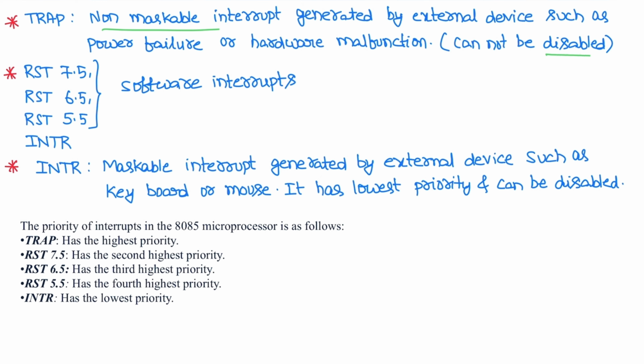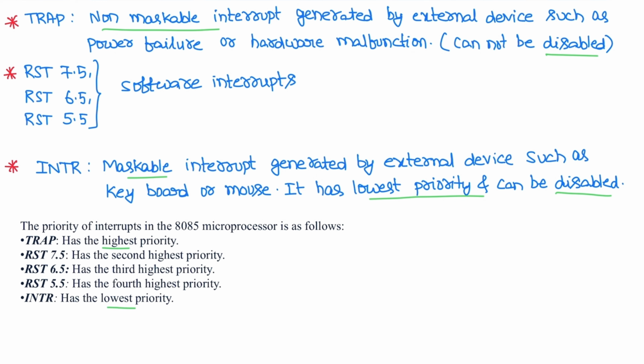Whereas RST 7.5, RST 6.5, RST 5.5 are maskable interrupts, and INTR is a maskable interrupt generated by an external device such as keyboard or mouse, having low priority, and it can be disabled. Trap has the highest priority, INTR has the lowest priority.